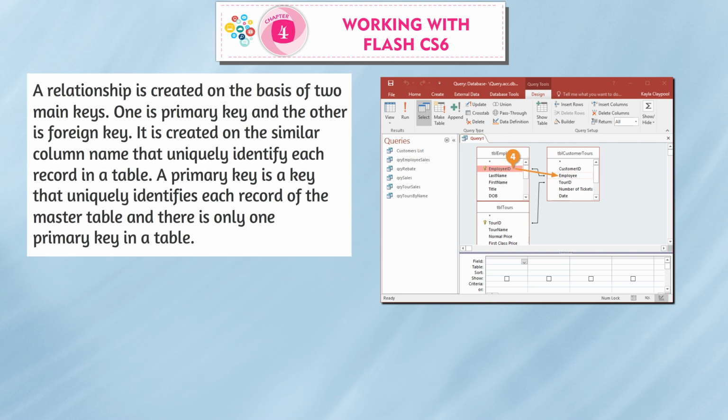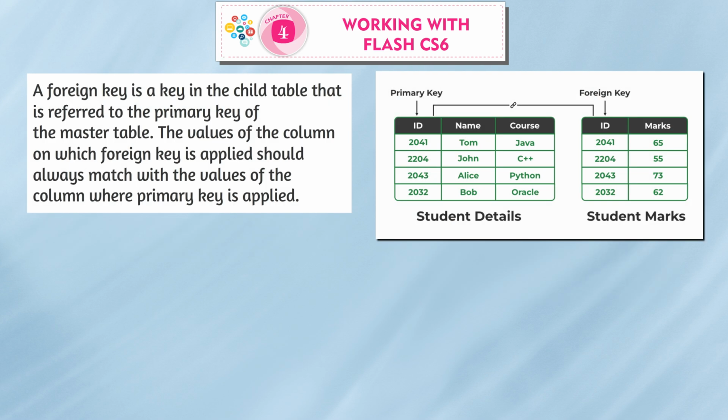A primary key is a key that uniquely identifies each record of the master table, and there is only one primary key in a table. A foreign key is a key in the child table that refers to the primary key of the master table. The values of the column on which the foreign key is applied should always match the values of the column where the primary key is applied.